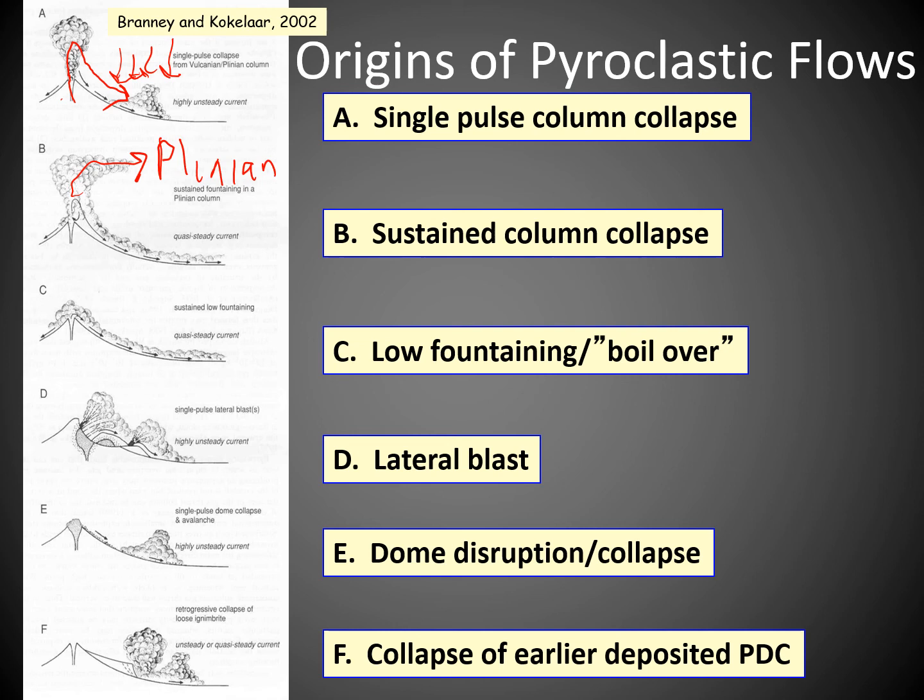So it just boils out, sort of bubbles over the vent and then goes rolling down the hill. Now you'd have an almost impossible time telling the difference between deposits formed by B and C. The only difference is you might get a little ashfall in between pyroclastic flows with B.